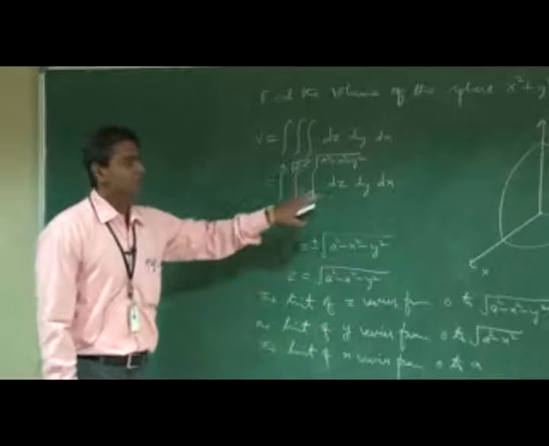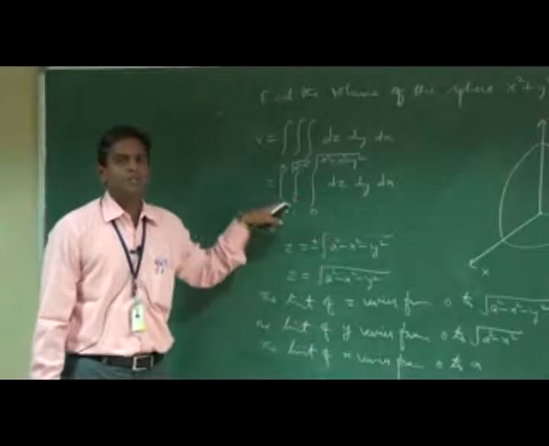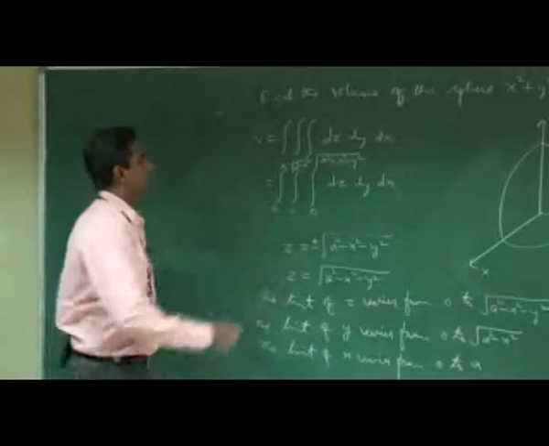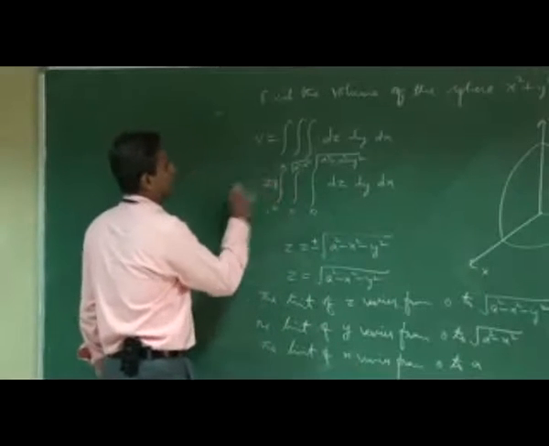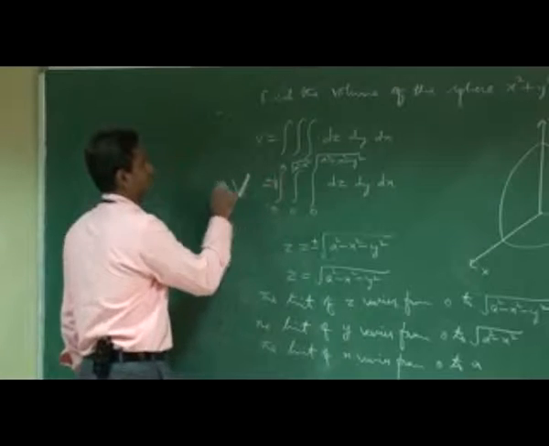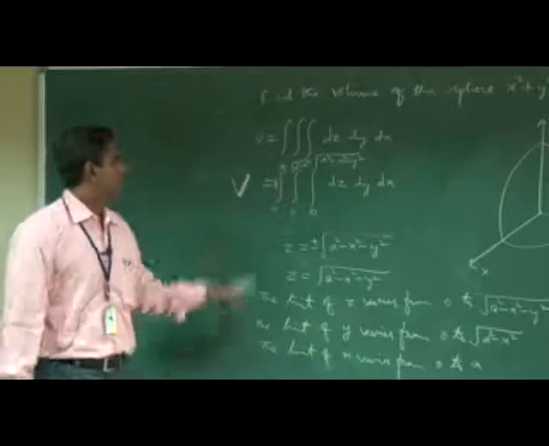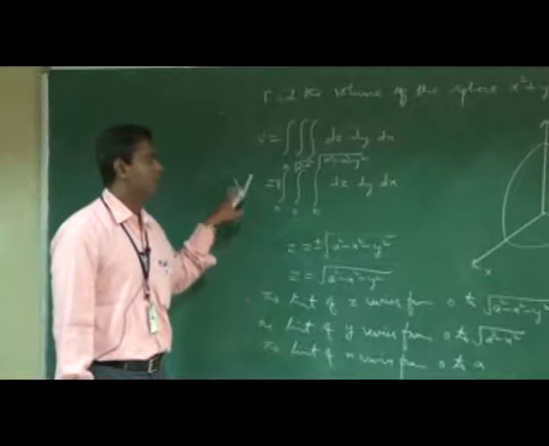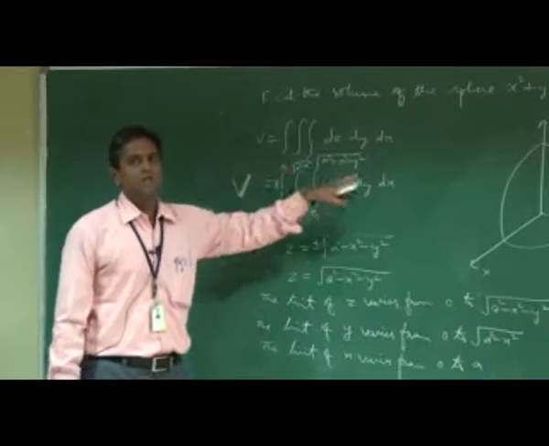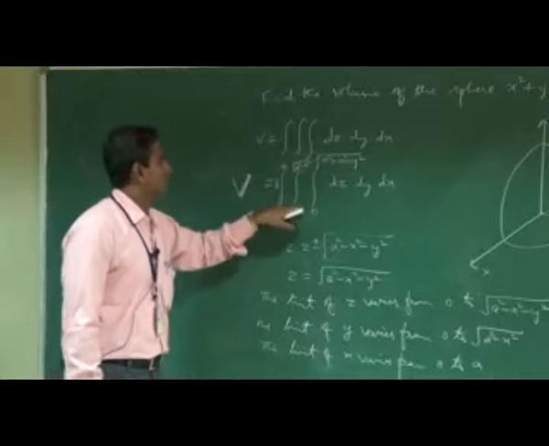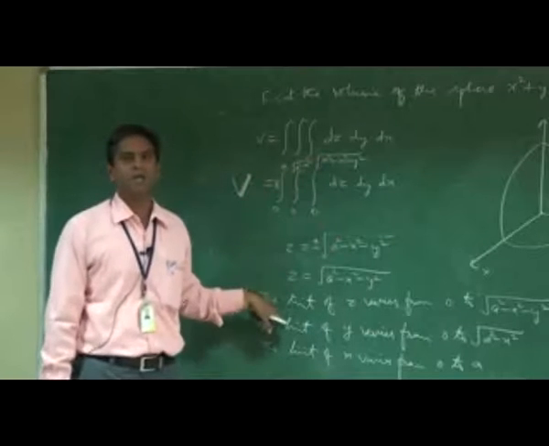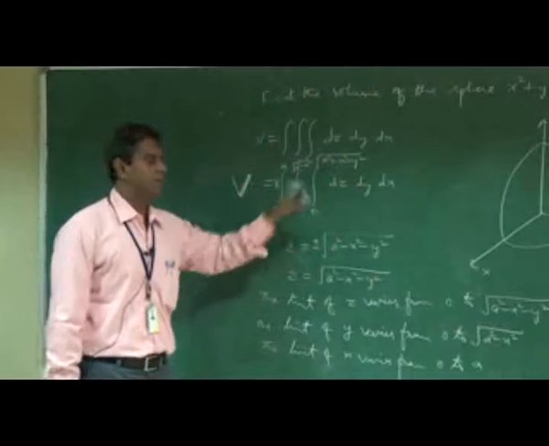This is the volume of the first octant. When we find the whole volume, we multiply by 8. Capital V is the whole sphere volume, small v is the volume of the first octant. Can you understand? So we calculate the volume of the first octant and multiply by 8, and automatically we get the whole volume of the sphere.